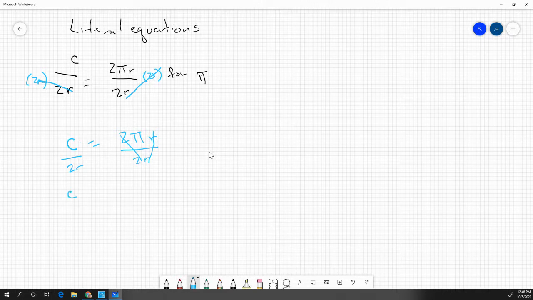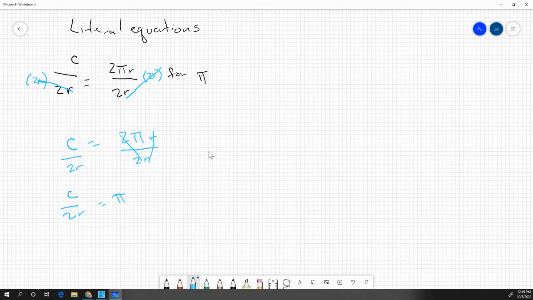And I'm going to be left with c over 2r equals pi. Now we might have been able to look at the original equation and see it just because we knew those 2r's were the same. But we still got to show our work, right? When you're getting multiple choice questions you might not, but when you take a test, you're going to have to show me that you know how to do it.